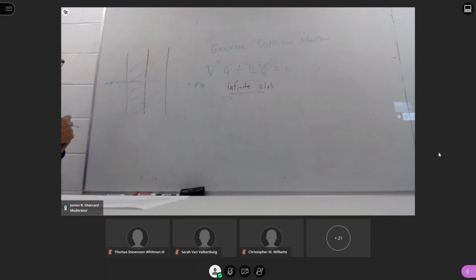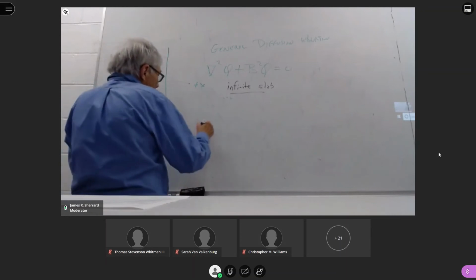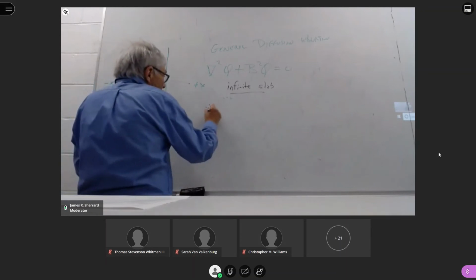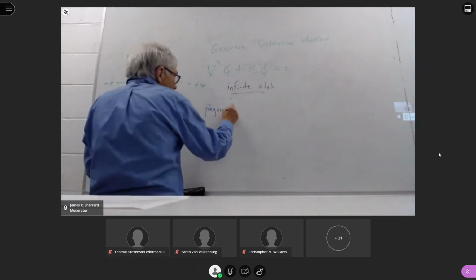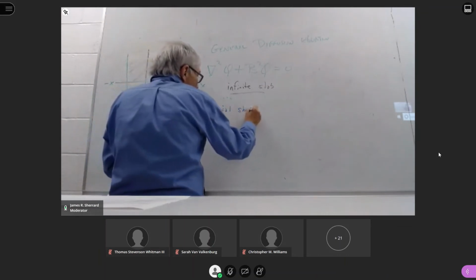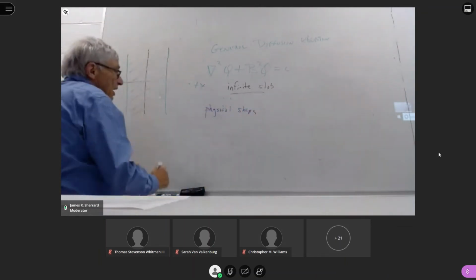This is your fuel and moderator mixture that's put into an infinite slab. So the physical shape is anything inside the boundaries.